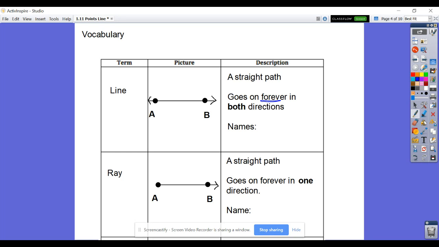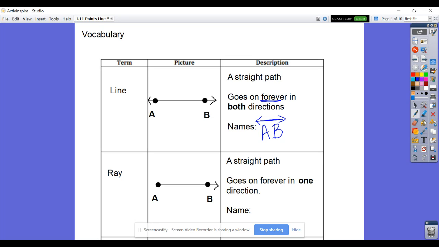So when we're naming a line, we're still going to just pick 2 points on it. So you always name a line with just 2 points. In this case, it only drew 2 points. So we'll call this line AB, and then draw your line at the top with the arrow. So down here, the names for a line, oh, don't forget to write BA on that one too.